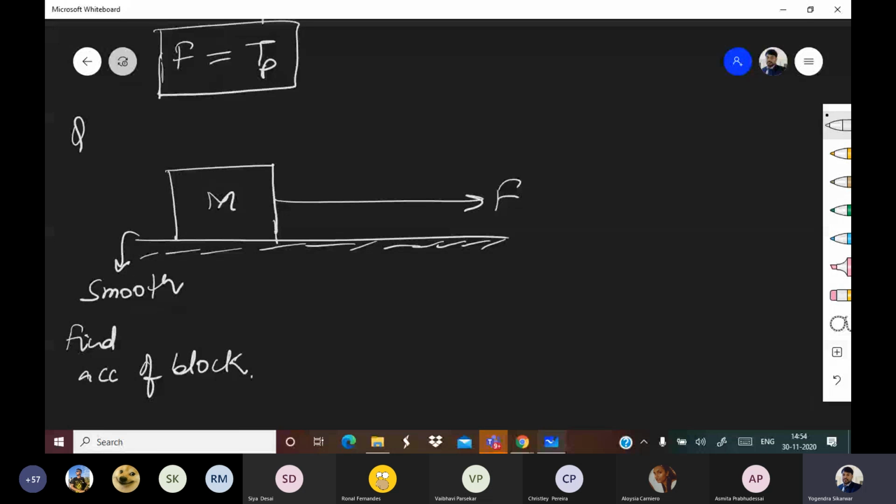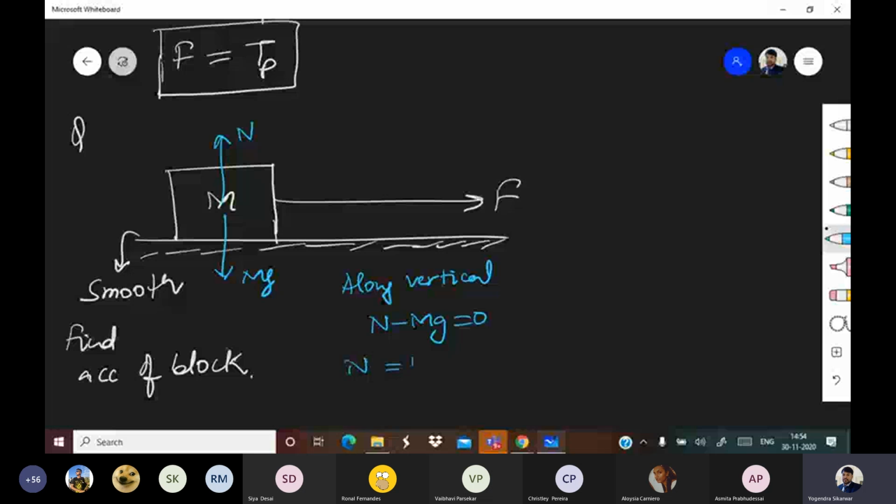Okay, everyone, please pay attention. You are absolutely correct. Mg will be acting downward, N will be acting upward along vertical, N minus Mg is equal to 0, and that gives us N is equal to Mg. This is basically a useless thing, but still we're doing it.